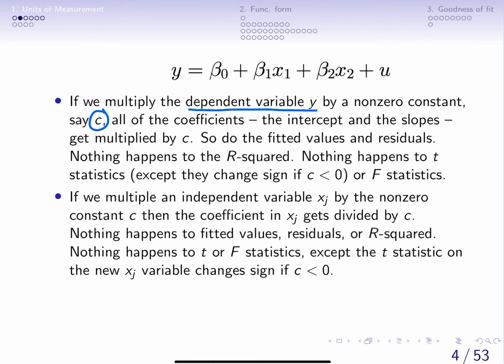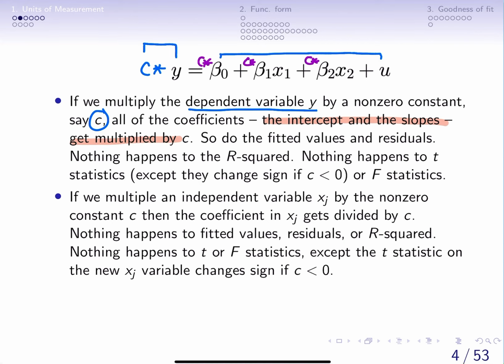If we multiply the left-hand side of this equation by c, for this equation to hold, the entire right-hand side also has to be multiplied by c. So essentially each of these coefficients, the intercept and the slope coefficients, would all be multiplied by c.